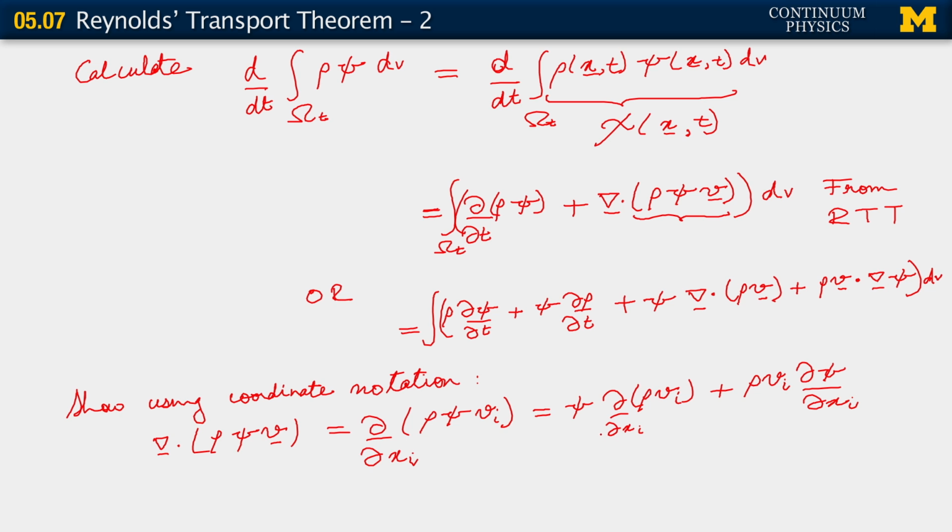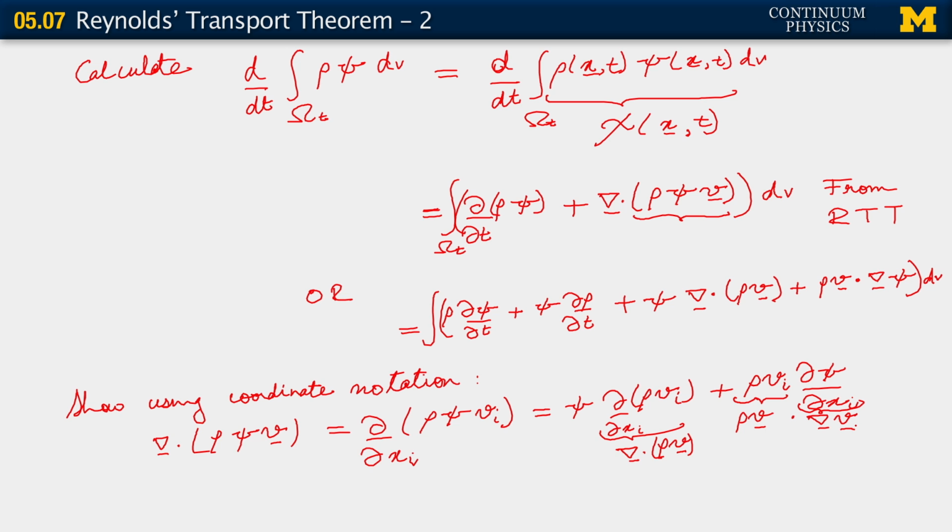Okay, and here we have it, because now we observe that this is just the divergence of rho v, whereas this term is just rho v dotted with the gradient of psi.